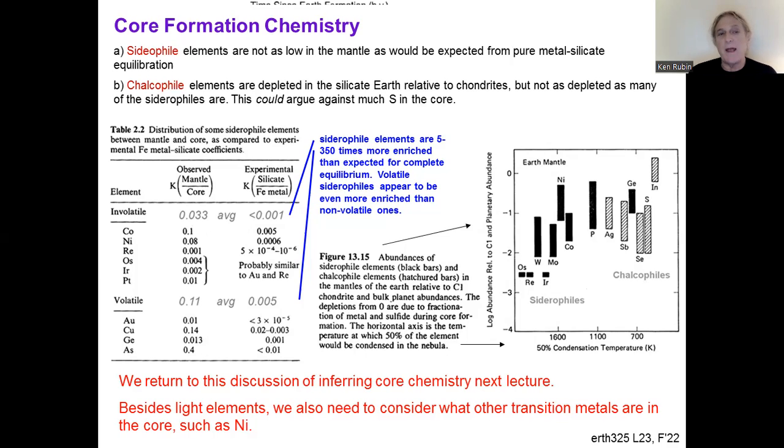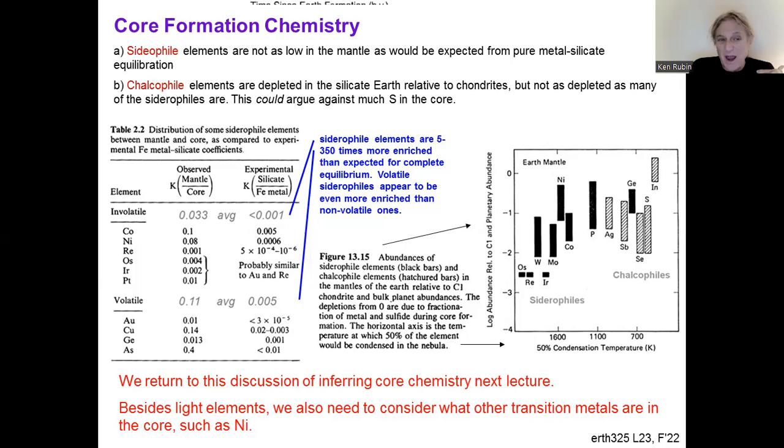So we can compare the ratio that we observe or infer from the primitive mantle relative to the core, as well as experiments done in labs that look at chondritic materials that are segregated into a silicate and a metal-rich phase.